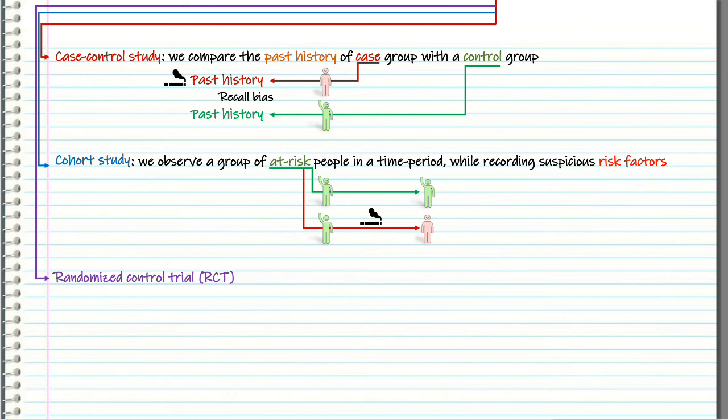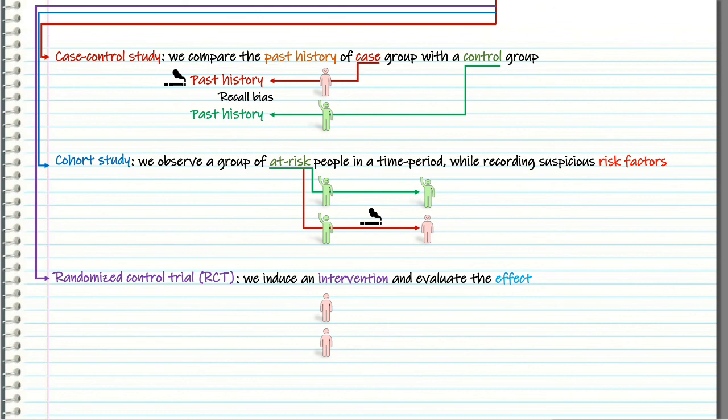The next one is the randomized control trial. As I explained, this is an intervention that the researcher introduces into the population to be able to evaluate the effect. We have a group of people who potentially have a disease, and we give them two different conditions.